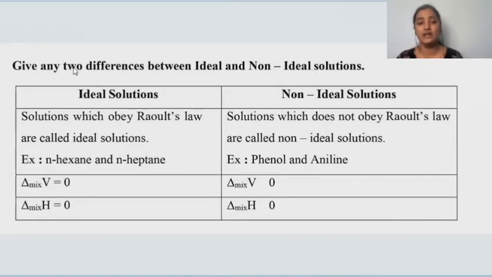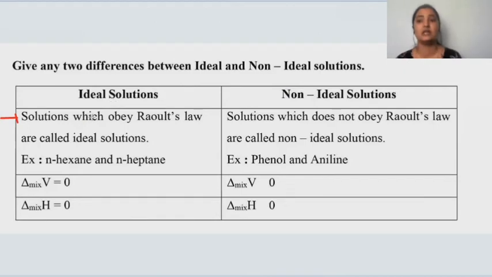And if you consider the ideal solutions, the ideal solutions are those solutions which obey the Raoult's law. Raoult's law na obey madutte. What does Raoult's law state? As I already mentioned, for any two volatile liquids, the vapor pressure or the partial pressure of a component is directly proportional to its mole fraction at a given temperature.